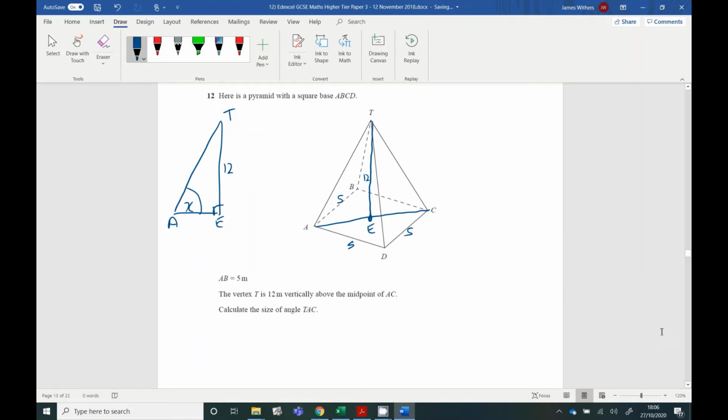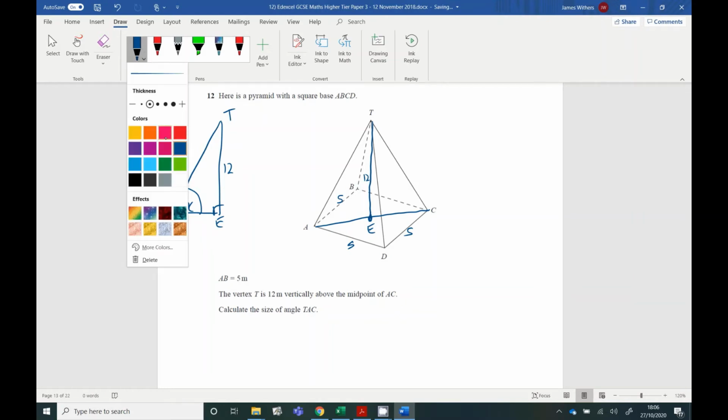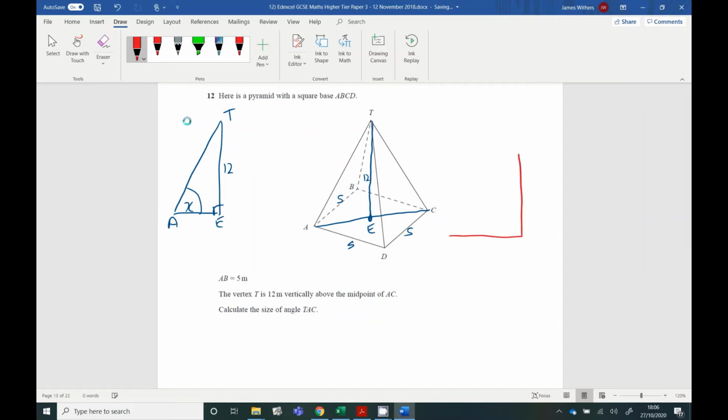Now I'm going to need to work out the length from A to E in order to answer this question. If I pull out the triangle ADC, which is another right angle triangle, AD and DC are part of the square base, so they are both 5. And E is halfway along AC. This length from A to E is the length that I need. So how am I going to work that out?